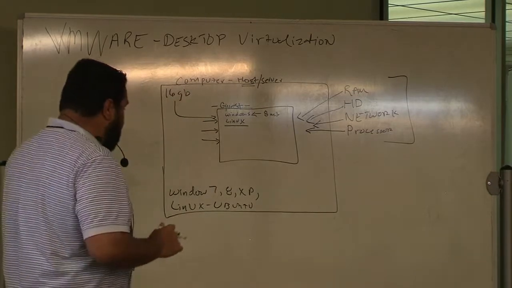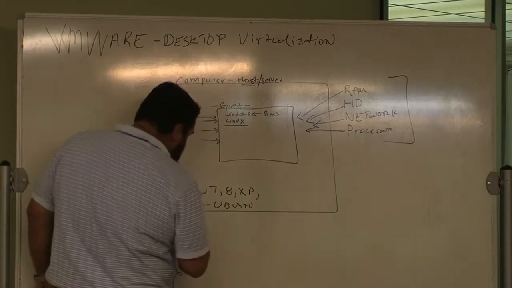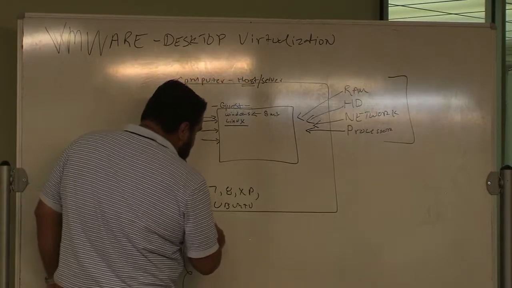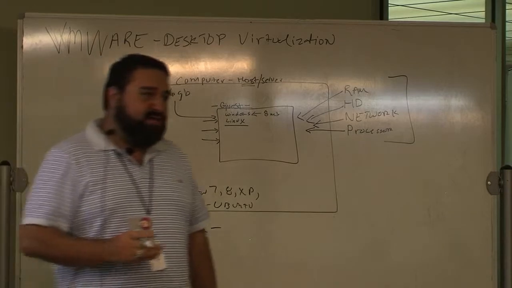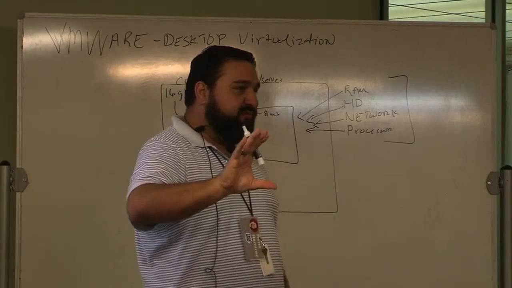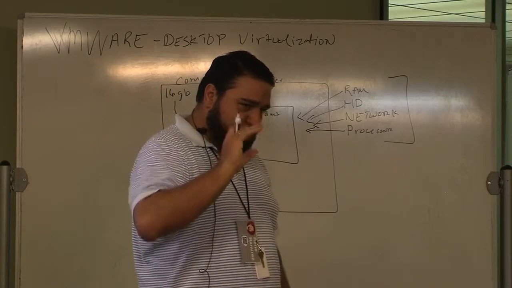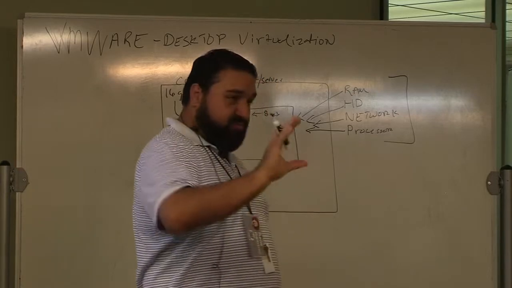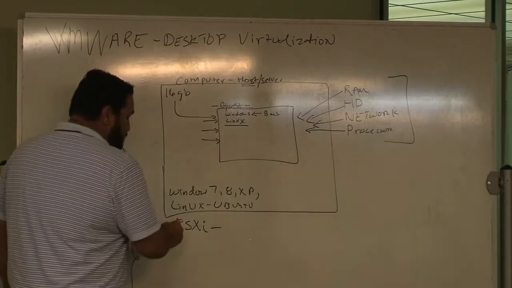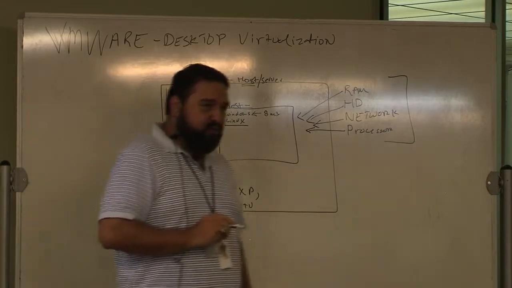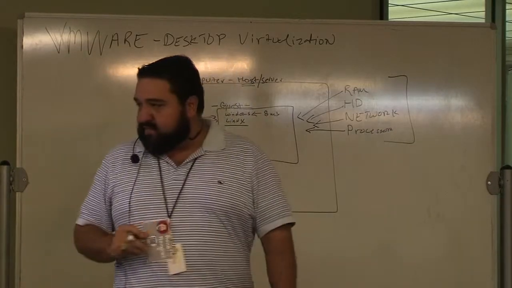There is another system called ESXi, and that's made just for VMware. You put that OS on a server that's just going to run virtual machines, because that's the operating system. It's basically a Linux machine, but it's made by VMware for virtualization.